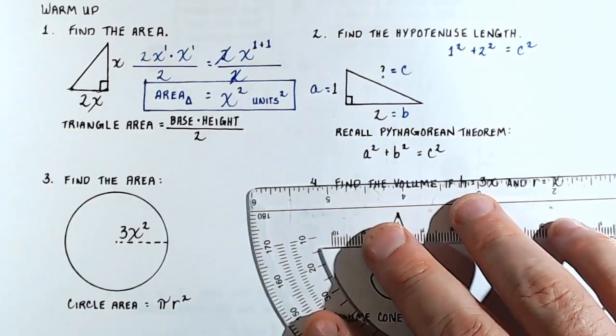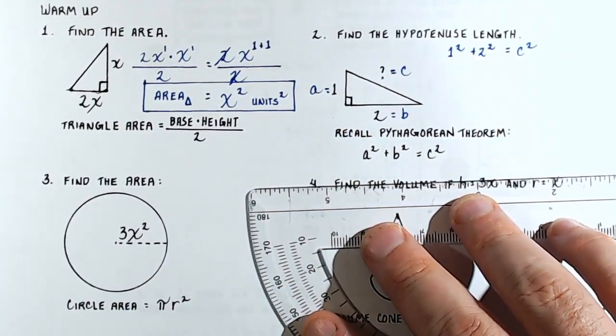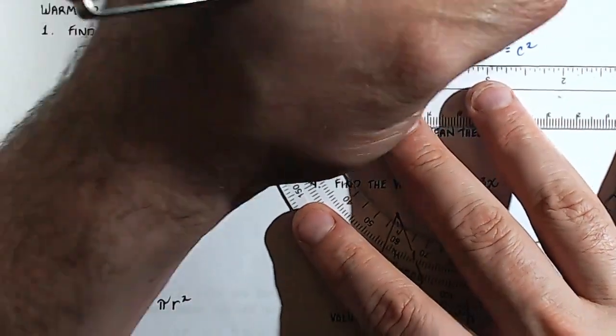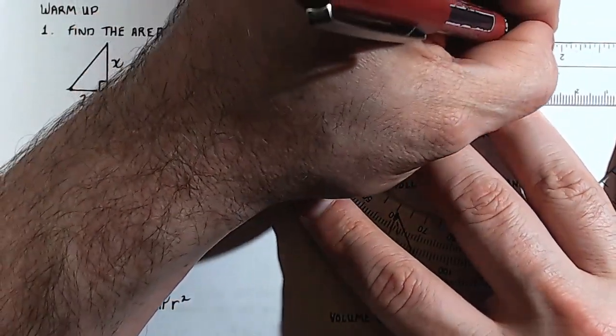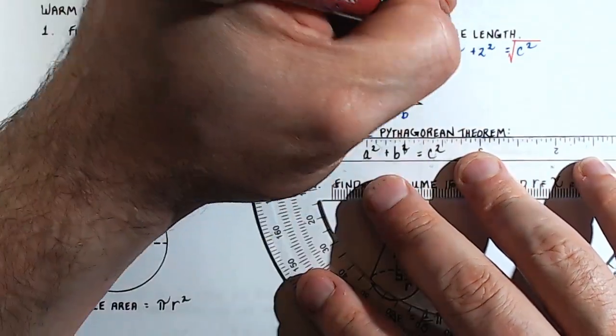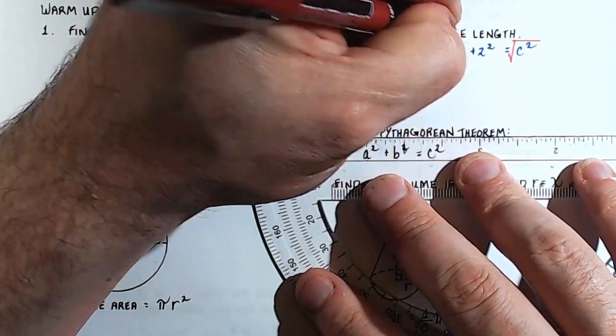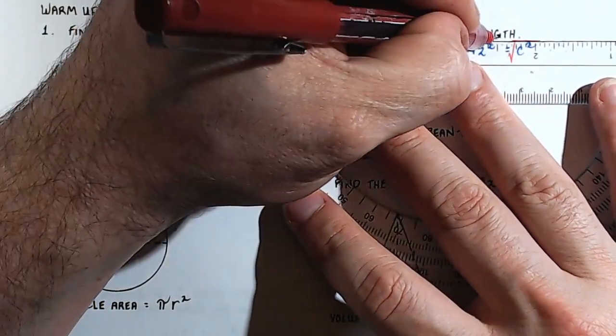I get c by itself by taking the square root of both sides.